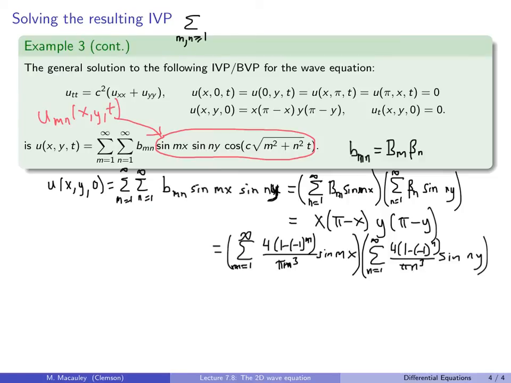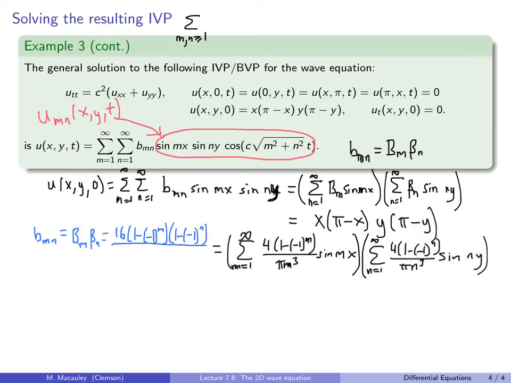And now, because this coefficient is just the product of these two things, b_mn is that creature times that creature. So b_mn is big B_m times beta_n. Let's multiply these together. We get 16 on top, so this is 16 times 1 minus negative 1 to the m, times 1 minus negative 1 to the n.